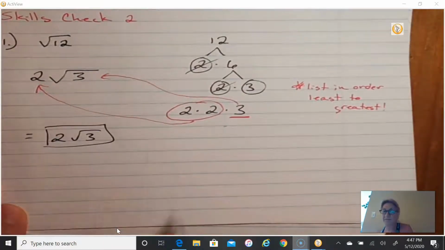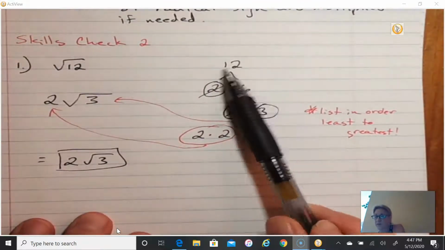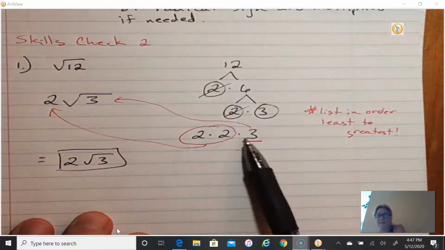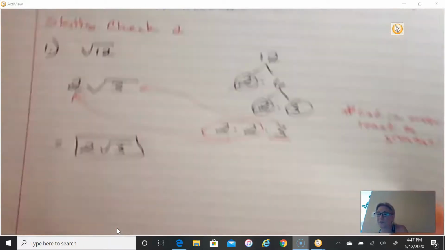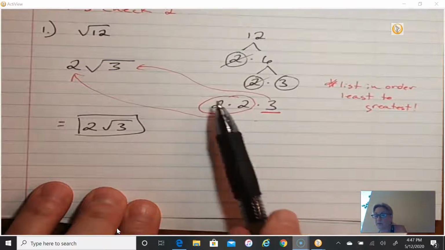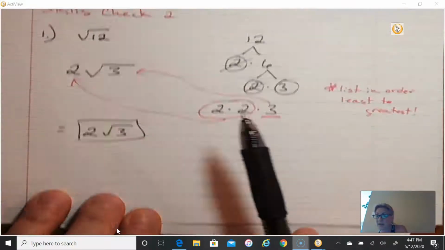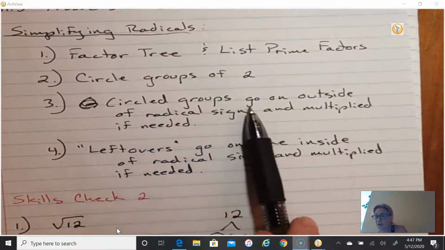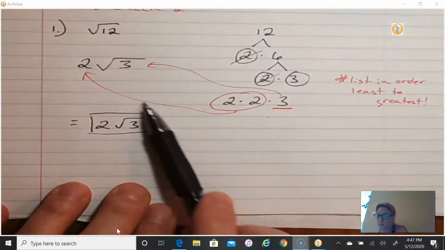You're done. So let's go over that again. Step 1, we did our factor tree. We list our prime factors. Step 2 says circle groups of 2. Not just the number 2, but a group of 2. There's 2 numbers here that are the same. I circle it. Step 3, circled groups go on the outside of the radical sign. Boom.